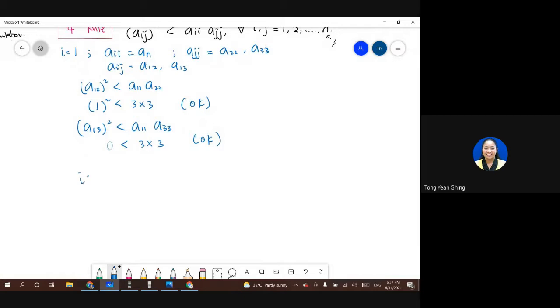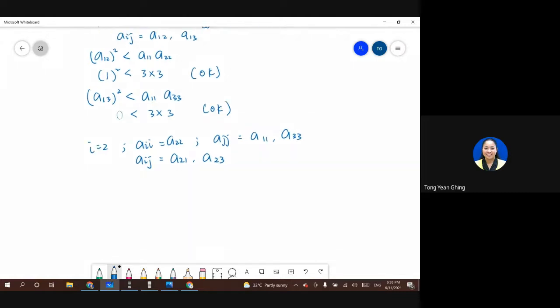And then I equal to 2, that means A_II is A22 and A_JJ is A11 and A33, so A_IJ will be A21 and A23. So we check A21 squared has to be smaller than A22 times A11.